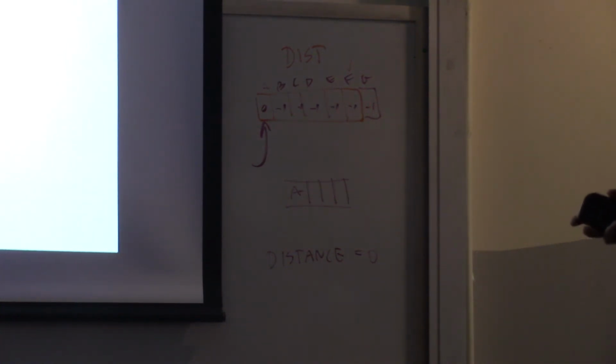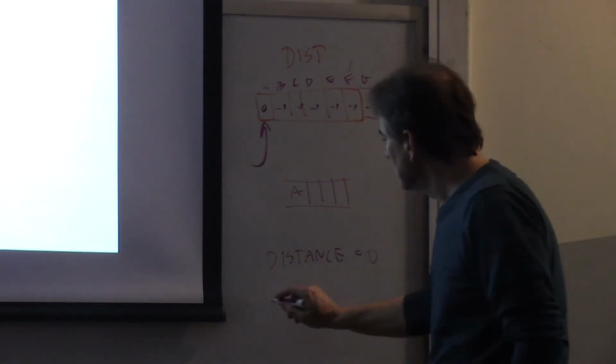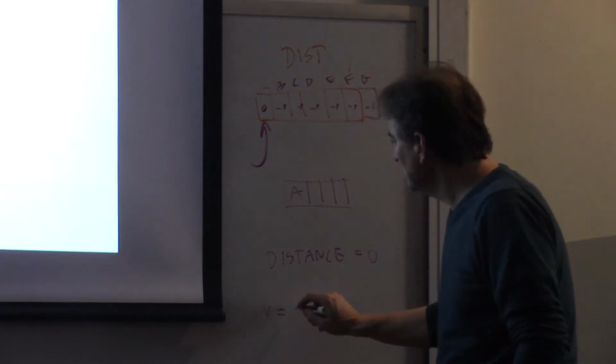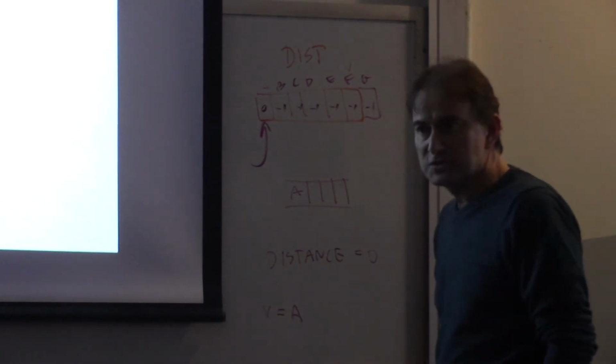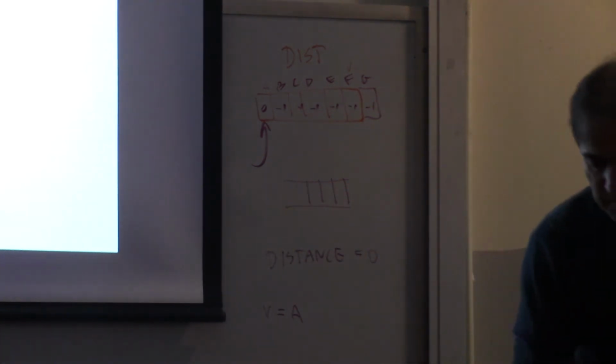So while the destination is not visited and the Q is not empty, we remove from the Q the vertex V. So V becomes equal to the starting vertex A, and the Q becomes empty.